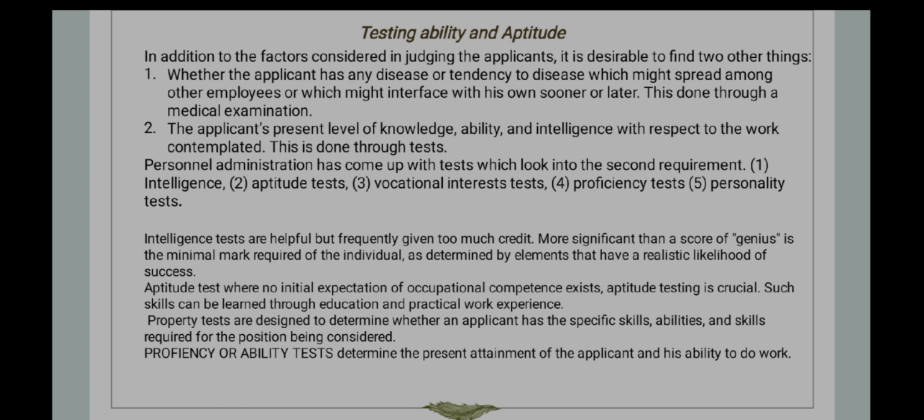More significant than a score of genius is the minimal mark required of individuals, as determined by elements that have a realistic likelihood of success. Aptitude tests are crucial where occupational competences exist.